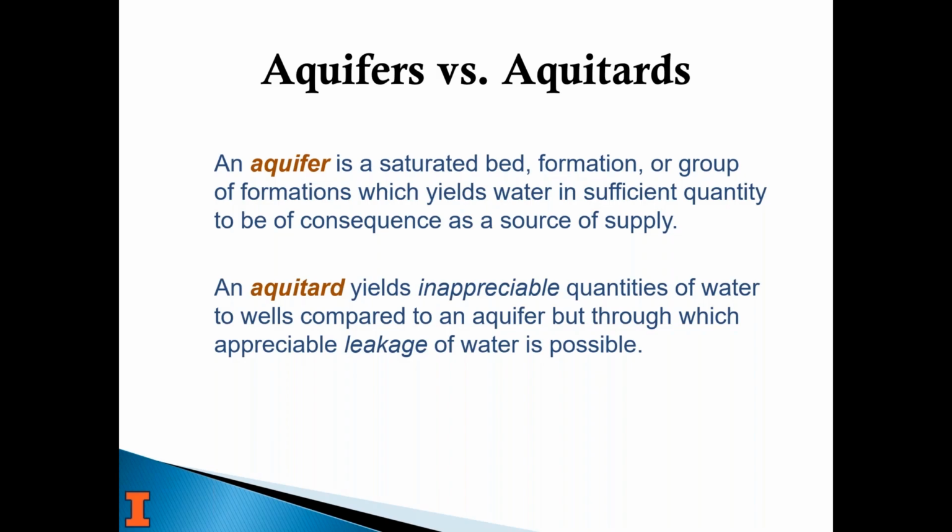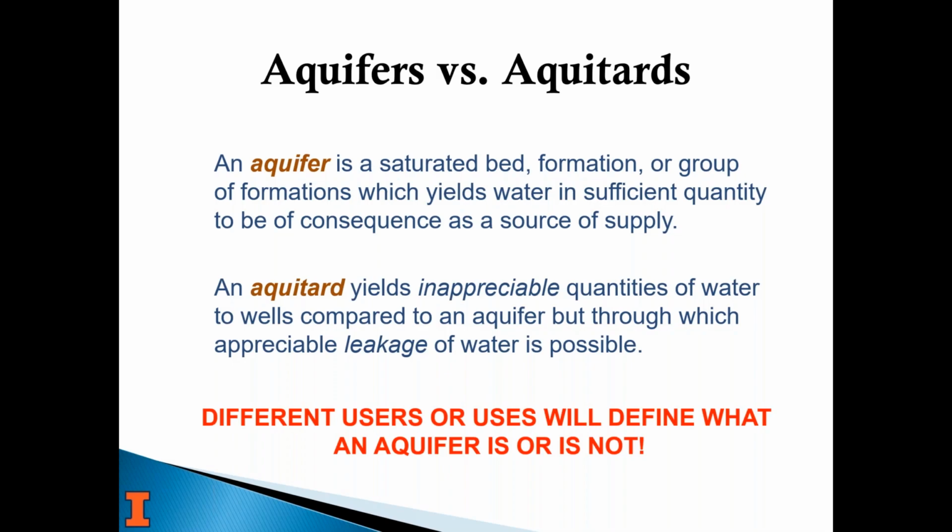Or glacial material, which is sometimes much more mixed up. It's got sand, clay, and silt all in it, and depending on the relative percentages of each, if it's 80% sand, then it's likely an aquifer. If it's 80% silt and clay, then it would be an aquitard. It means water can't move through it quickly enough, and it can't leak enough water out of it to provide a water supply.